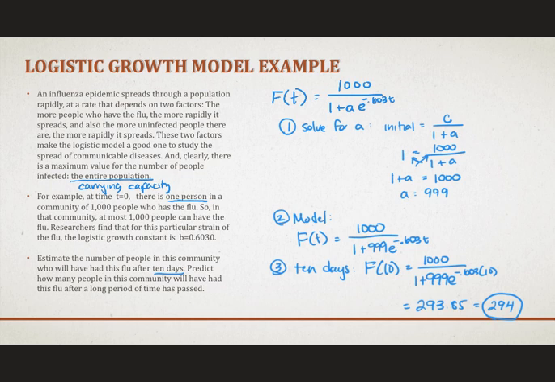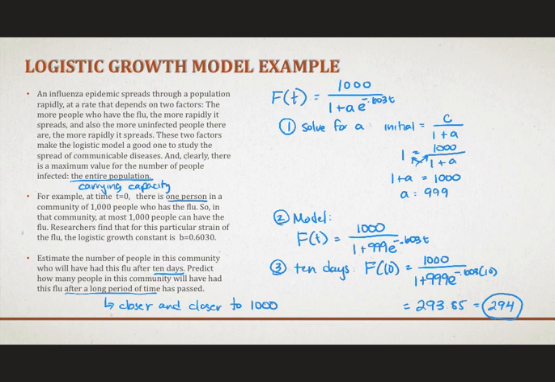Okay, now predict how many people in this community will have had the flu after a long period of time. So as the days go on and on, and people interact with each other, and more people get the flu, eventually, after a long period of time, we should get closer and closer to that carrying capacity of 1,000 people.